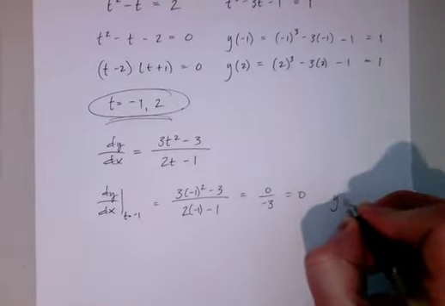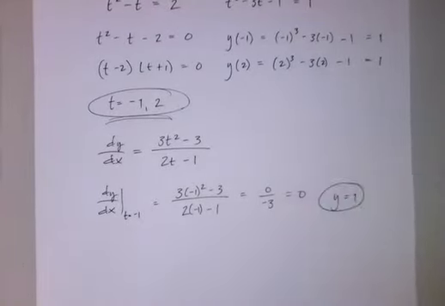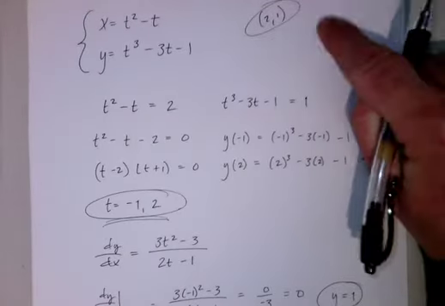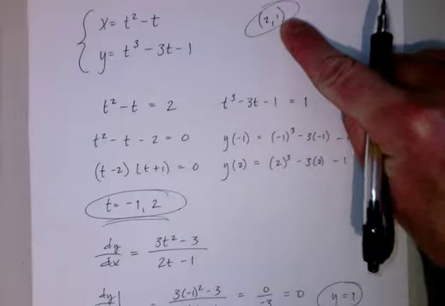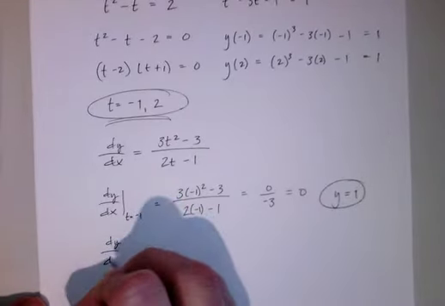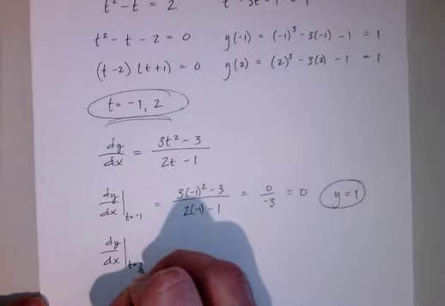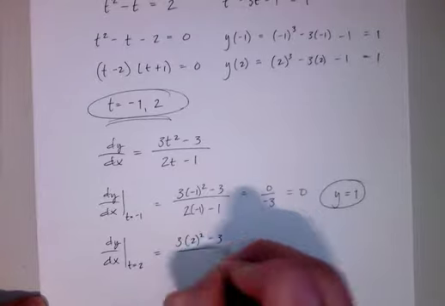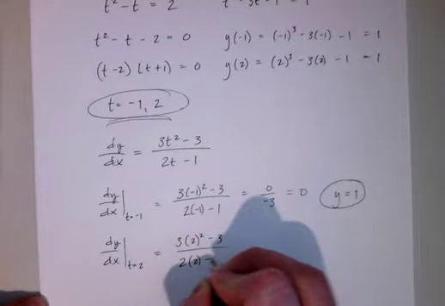So that's going to give me y is equal to 1 as a tangent line, right? Because if the slope is 0, all I need is the y coordinate from my ordered pair right here. Now let's evaluate dy dx at t equal to 2. We're going to get 3 times 2 squared minus 3 over 2 times 2 minus 1.